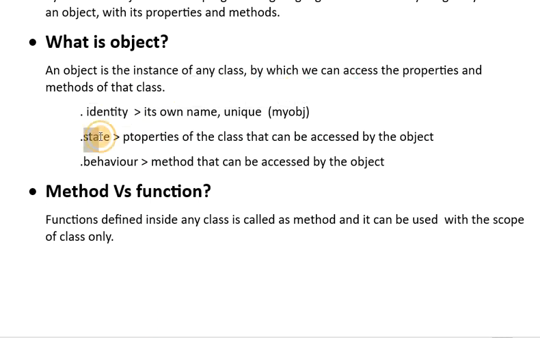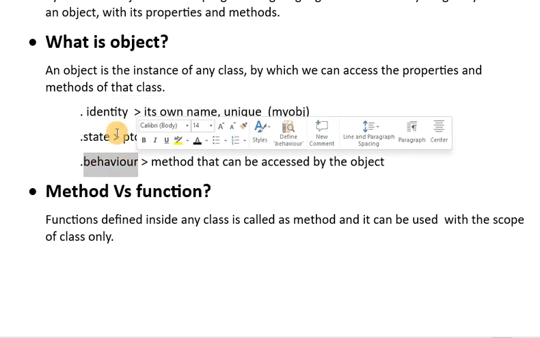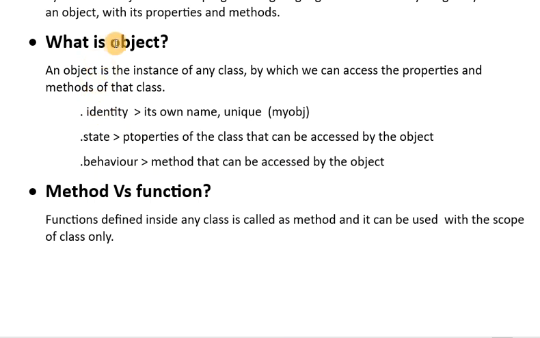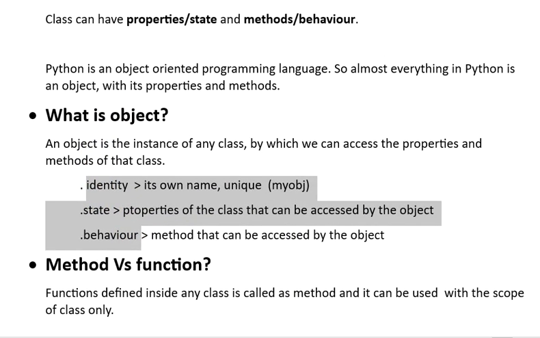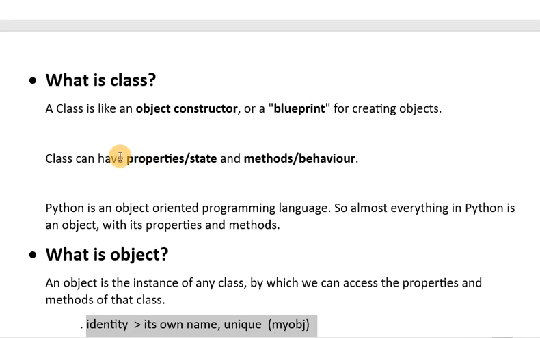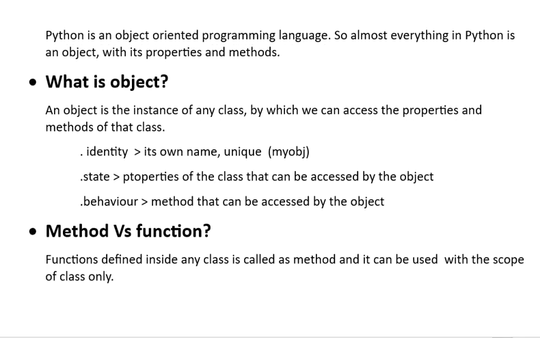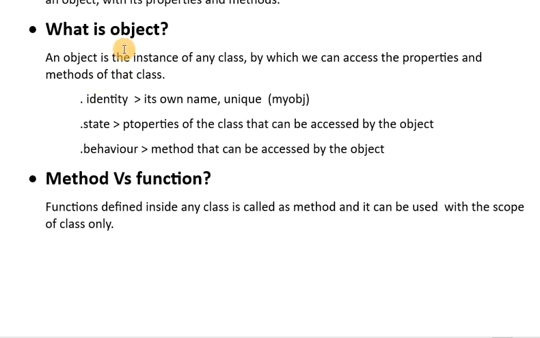State means all those properties which can be accessed by the object from the class, and behavior means those methods that we can access with the help of the object. So an object can have three things: identity, state, and behavior. But the class can have only two things, that is, properties and behavior. This way, guys, we have understood objects and classes.